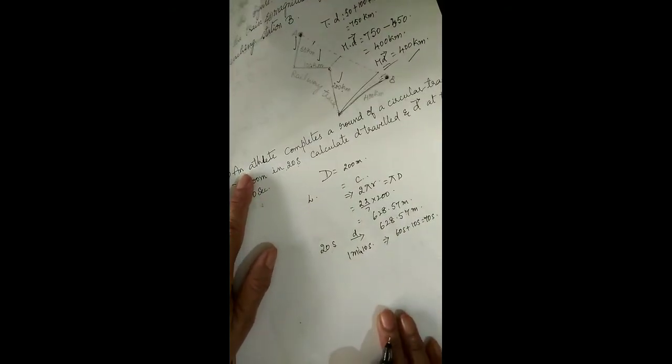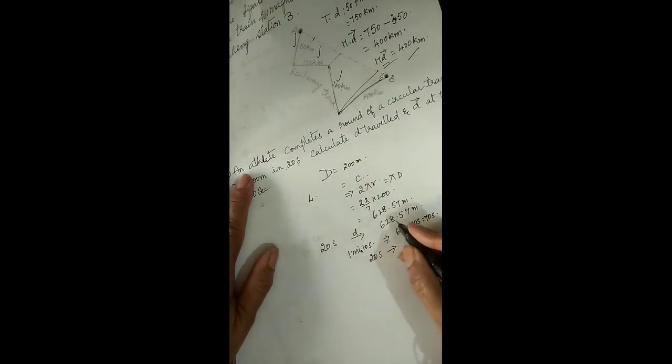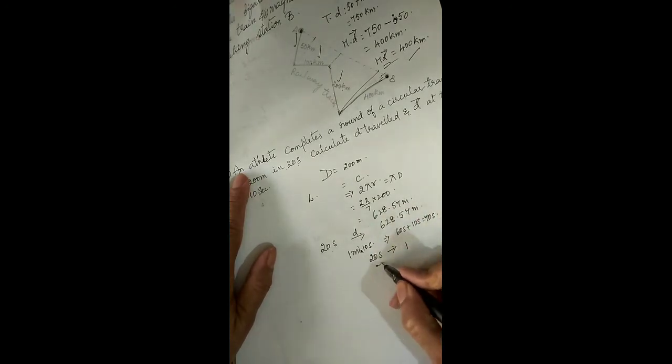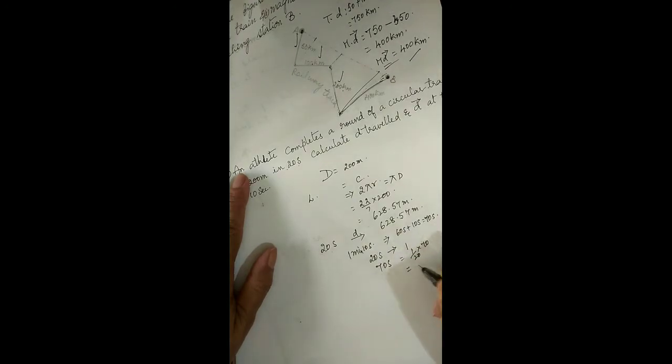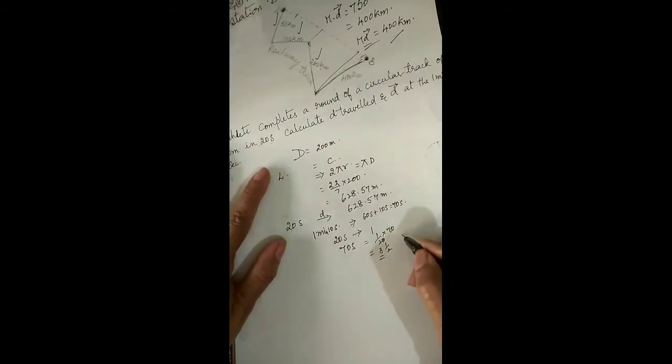In 20 seconds he covers one circle, so in 70 seconds how many? 1 by 20 into 70, that is equal to 3.5 rounds.